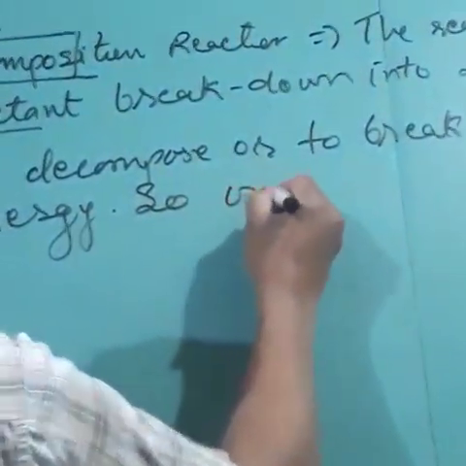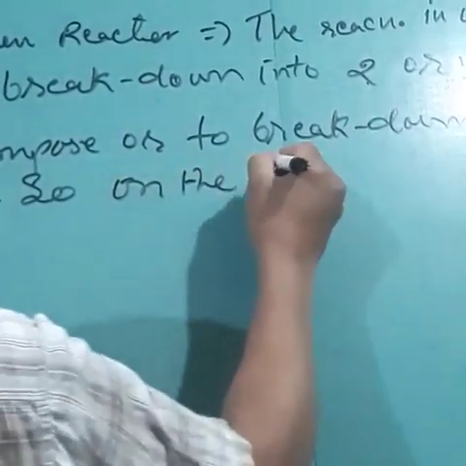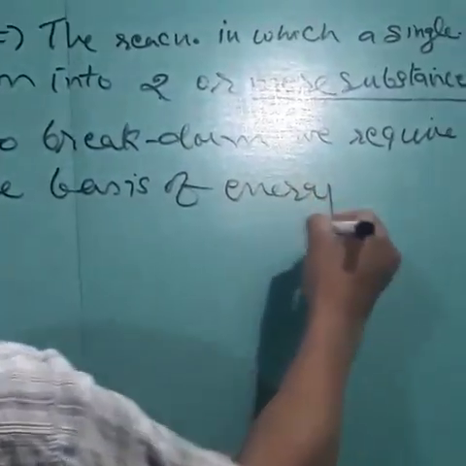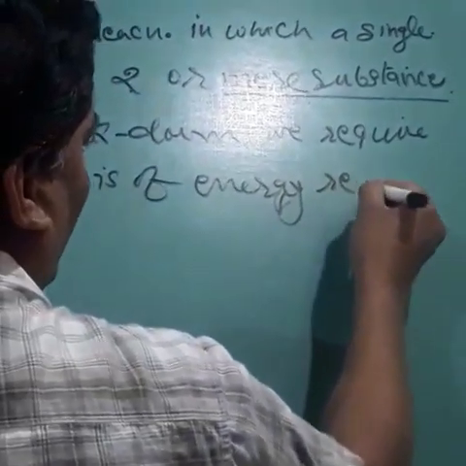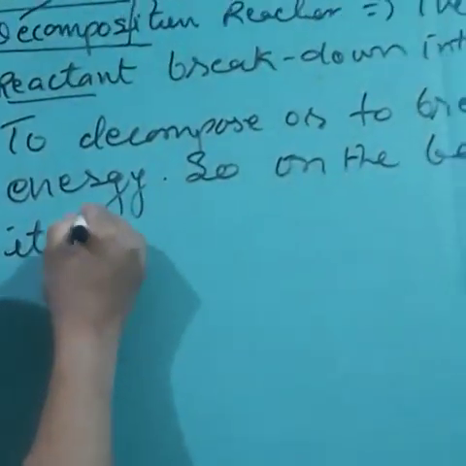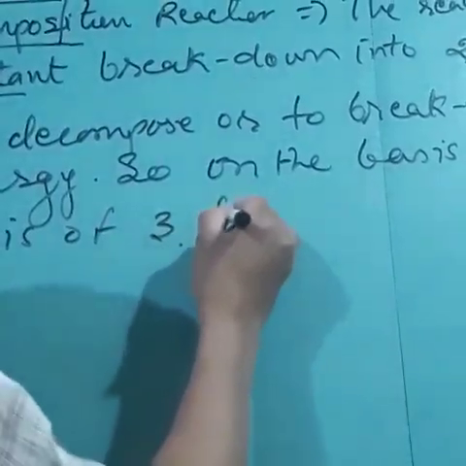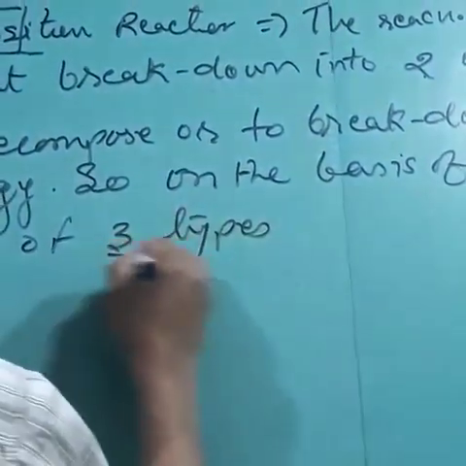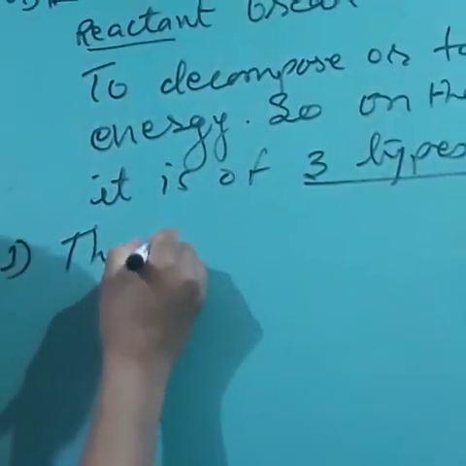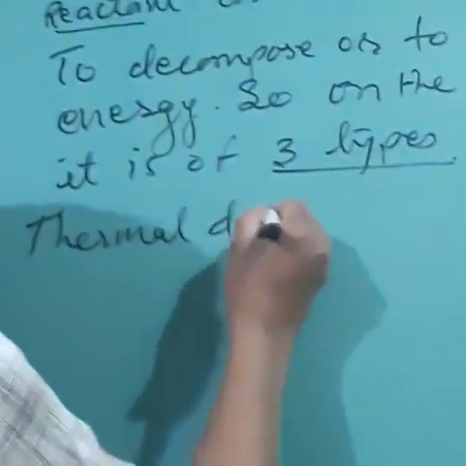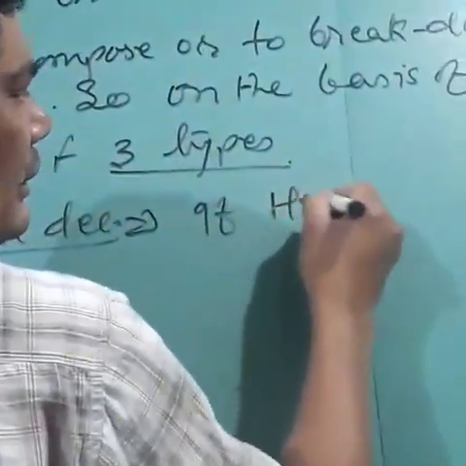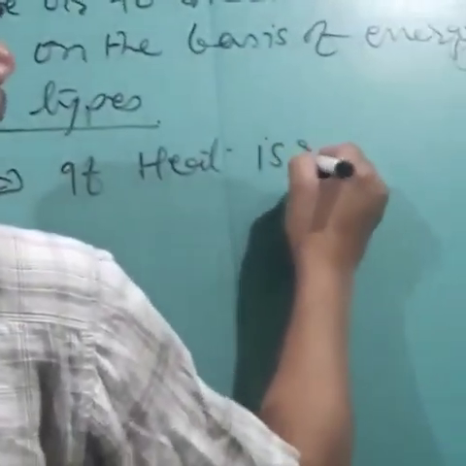So on the basis of energy required, it is of how many types? 3 types. We checked now already. It is of 3 types. First one is called what? Thermal decomposition. That is what? If heat is required for breakdown.